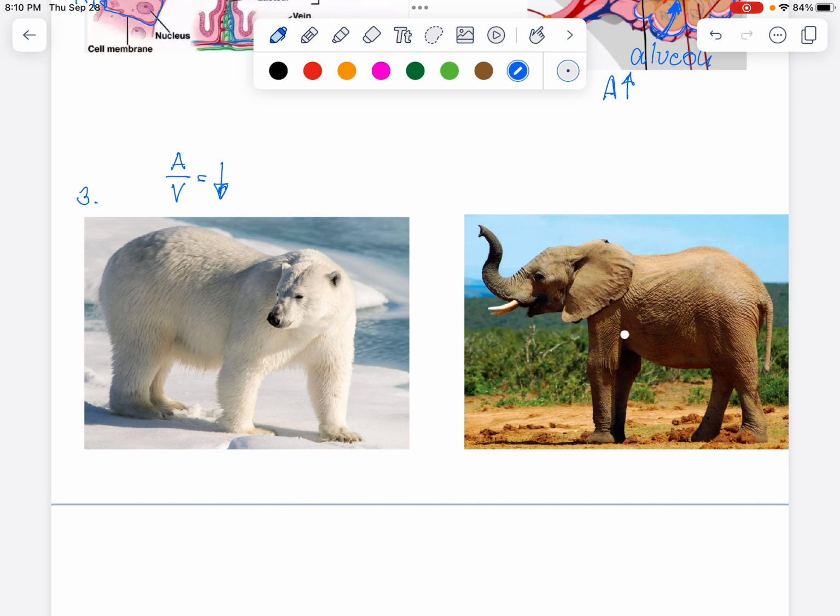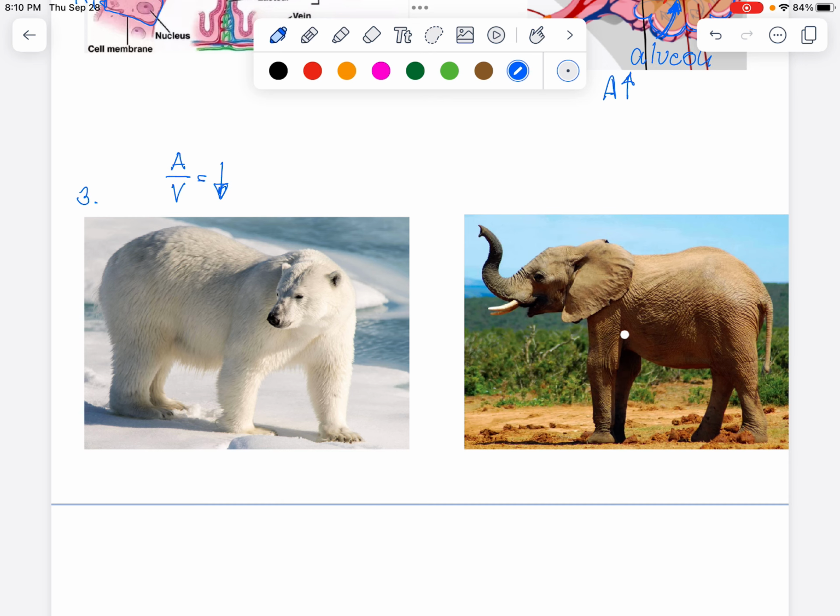The animals that are big in the Arctic have relatively short legs, in order to decrease the surface area compared to their volume, so the ratio would be smaller, so they will retain their body heat more efficiently.